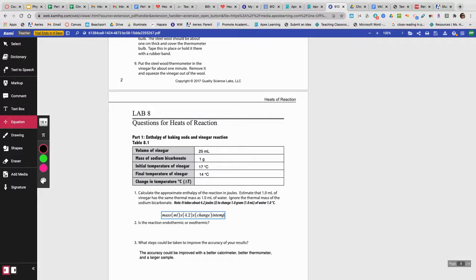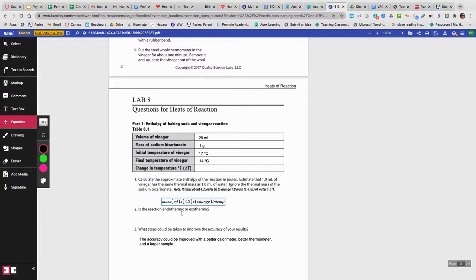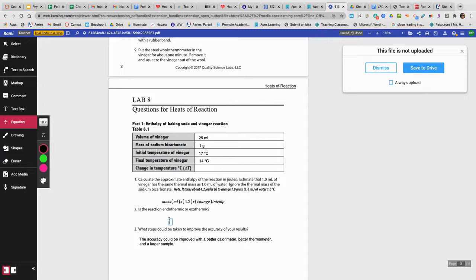All right, so that's how you're going to do that one. And then you'll decide if it's endo or exothermic. The way you decide that is by looking to see, is it positive or negative? Okay, is it positive or negative?